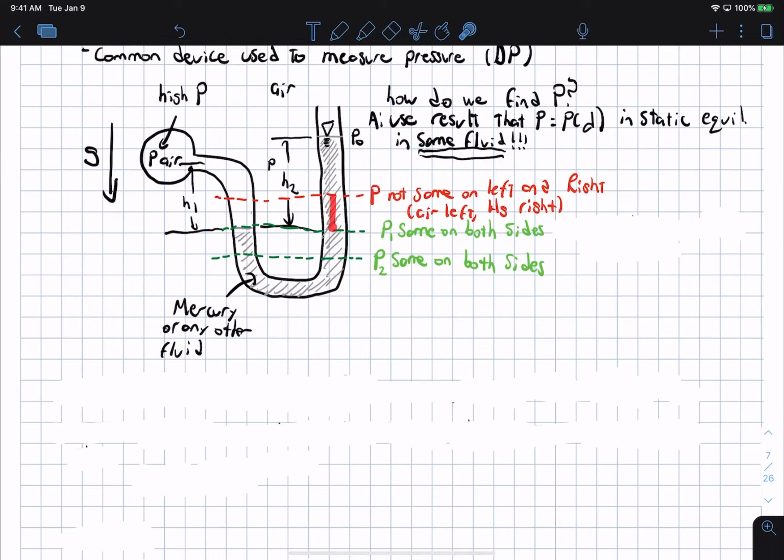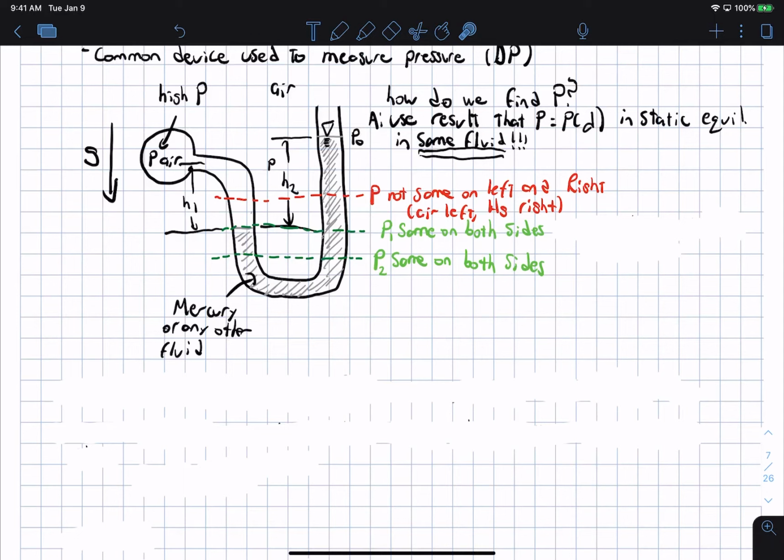I'm going to go down this distance here, then over, then back up in the mercury, and the pressure here is the same. But now when I go back up to this elevation here, I am subtracting out rho gh of the air, but I added a rho gh of the mercury. So as I go back up over here on the air side, I'm not fully subtracting everything out. Okay, so we can basically use these rules to our advantage.